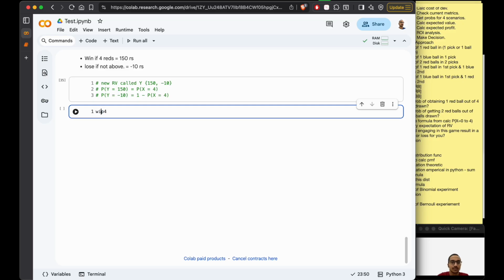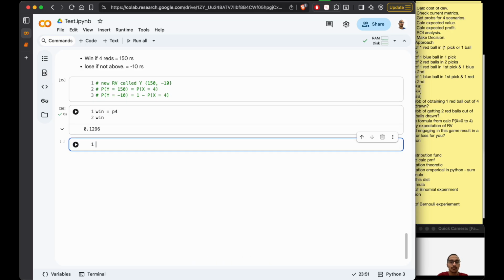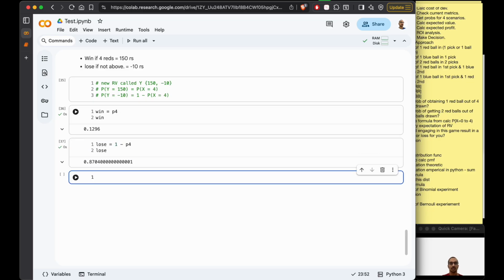So win is P4, lose is 1 minus P4, right? So my probability of winning is 0.129, probability of losing is 0.8704.